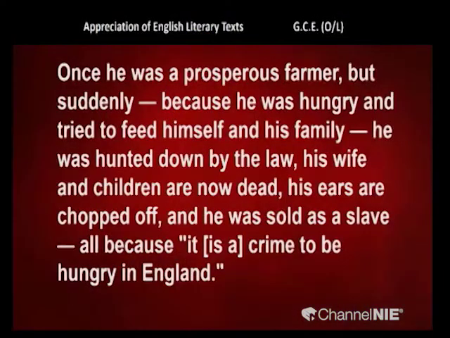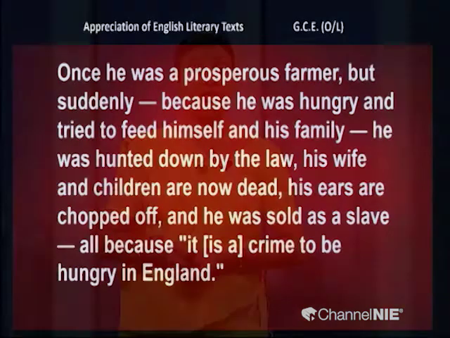For example, Mr. Yokel's story. Once he was a prosperous farmer, but suddenly, because he was hungry and tried to feed himself and his family, he was hunted down by the law. His wife and children are now dead. His ears are chopped off, and he was sold as a slave, all because it is a crime to be hungry in England.